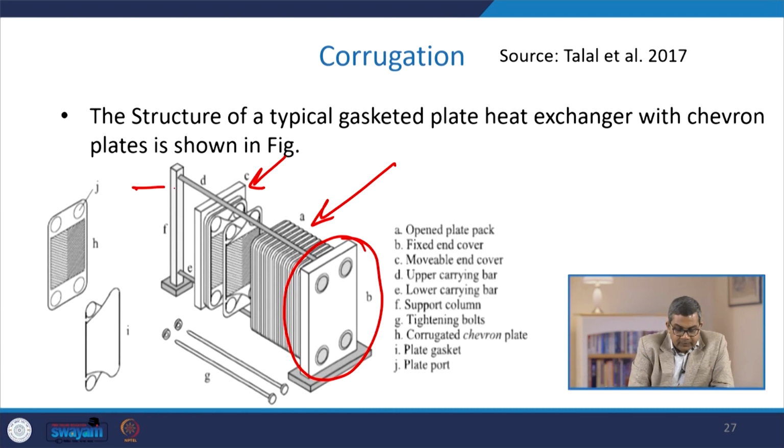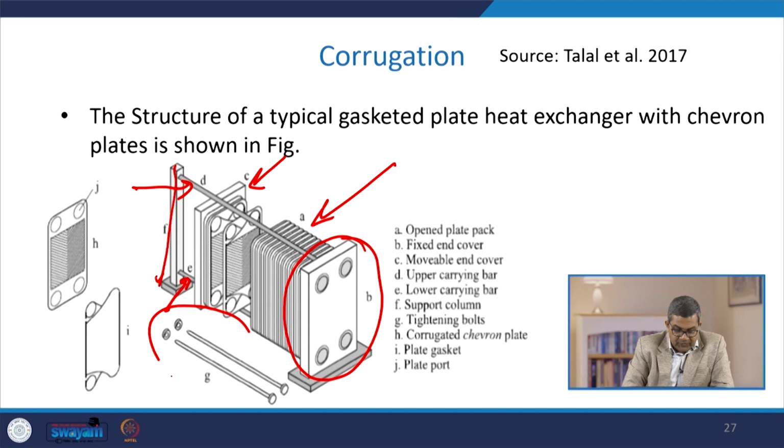This is the upper carrying bar over which all these plates are attached, and this is the lower carrying bar, and this is the support column. If the upper or lower carrying bar is a bit larger in length, then you can insert more and more plates.